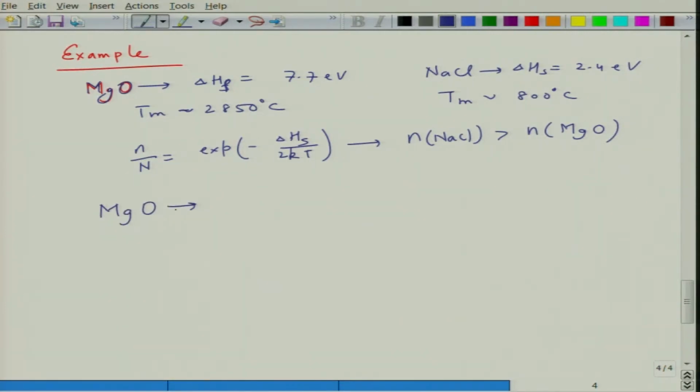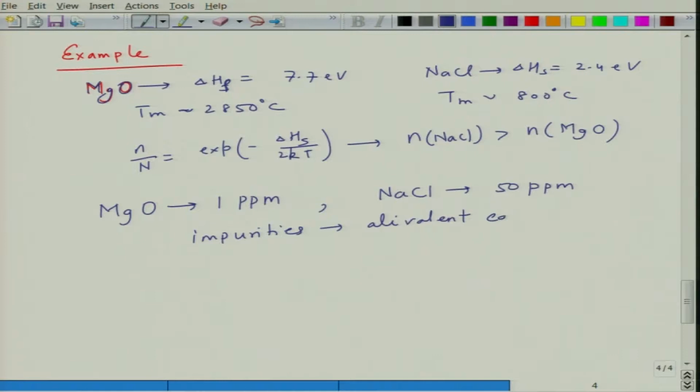However, in the case of MgO, these oxides are all prone to having certain impurities. So, let us say we put certain impurities in MgO, and that the MgO impurity level is 1 ppm, whereas in the case of sodium chloride the impurity level is 50 ppm. And generally these impurities are aliovalent. Aliovalent means different valence cations, not isovalent.